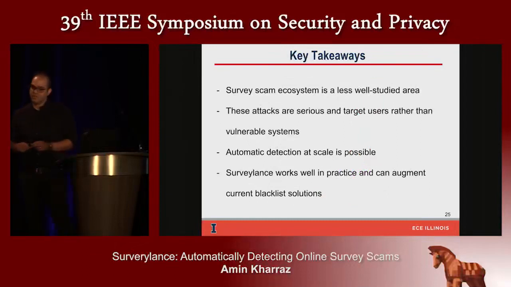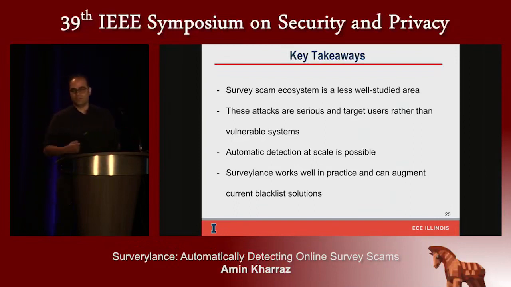So the key takeaway of this work is that the survey scam ecosystem is a less well-studied area. These attacks are serious. They target users rather than vulnerable machines. So we have improvement on automatically detecting attacks on vulnerable machines, but it's less likely that these techniques are helpful in this specific area.